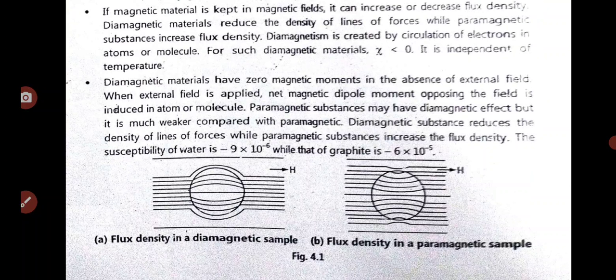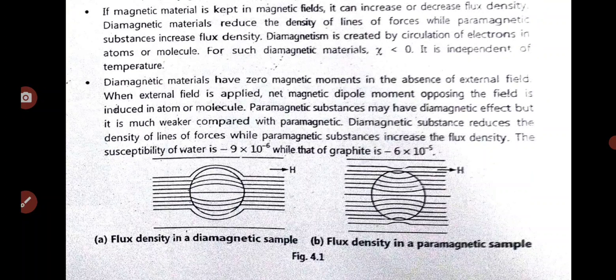Once again, to repeat, diamagnetism is a weak repulsion of a substance placed in an external magnetic field.